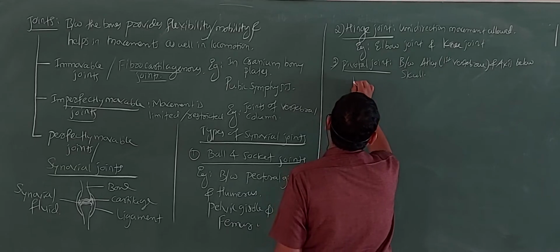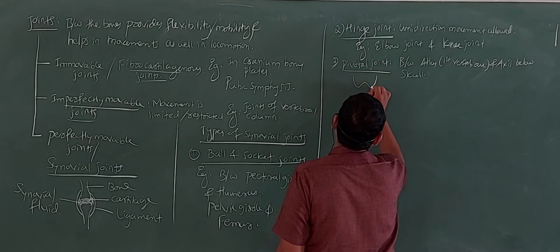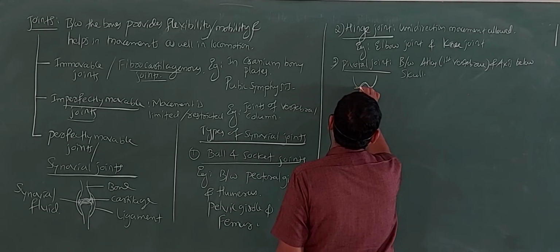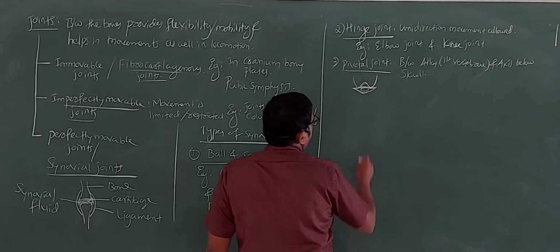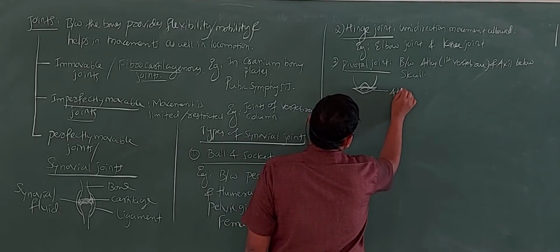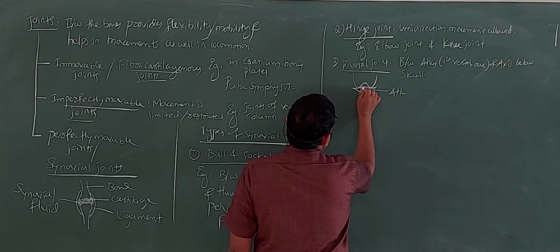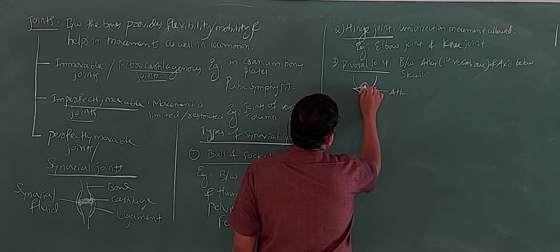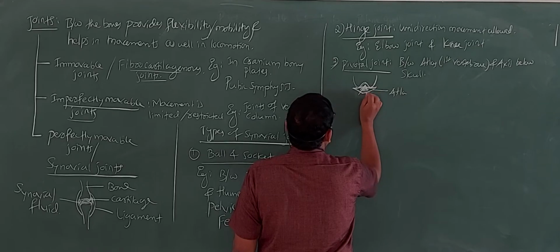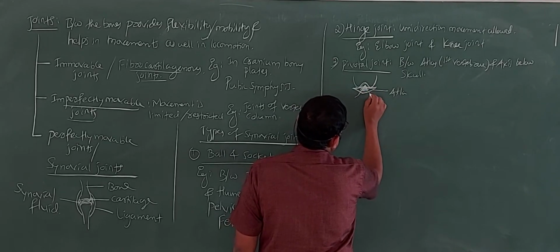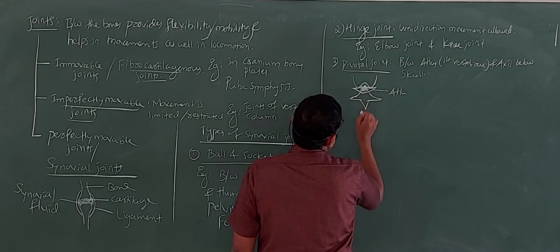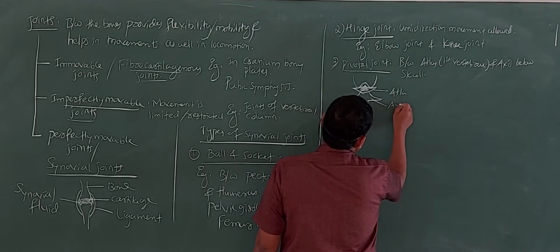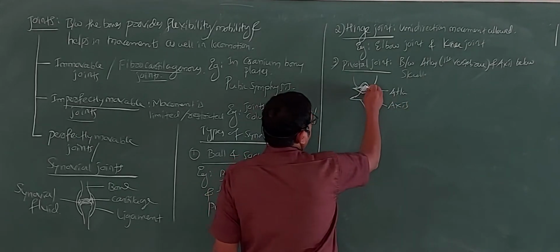Here these are the condyles of the skull, and the first vertebra has a cavity. This is called the atlas, and in this cavity of the atlas, a structure of the axis projects. This is called the dens. Here we find lateral spines, then a dorsal spine. This is the axis, the second vertebra, and this is the dens.